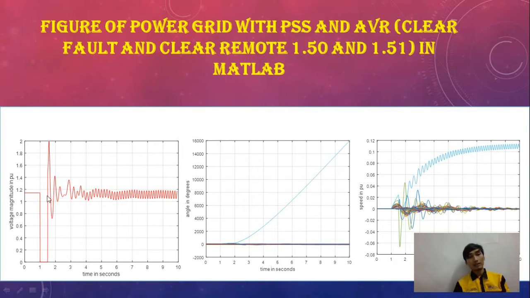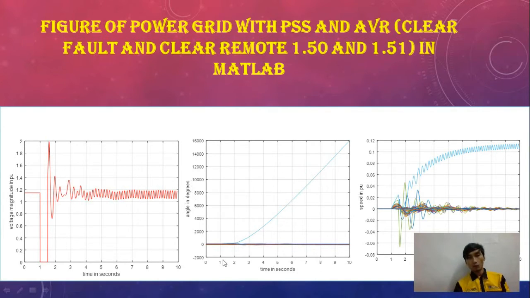So the fault occurred at 1, and after 0.50 it is capable of maintaining the voltage magnitude in PU, but there is a little noise.